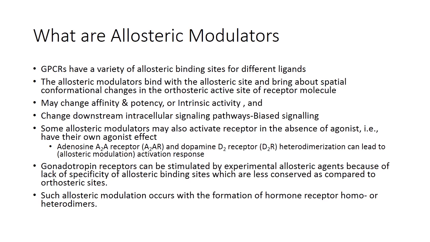Almost a similar thing may happen with gonadotropin receptors, which can be stimulated by experimental allosteric agents because of lack of specificity of allosteric binding sites, which are less conserved compared to the more conservation found in orthosteric sites. Such allosteric modulators will result in formation of hormone receptor homodimers or heterodimers which have their own activity. So there is quite an exciting work being done in this aspect.